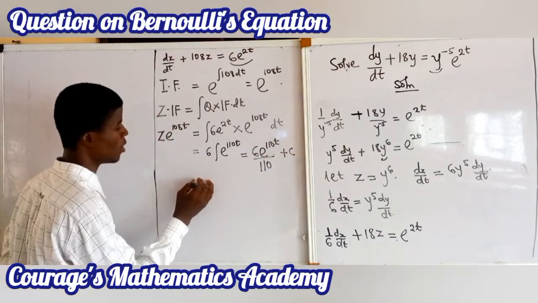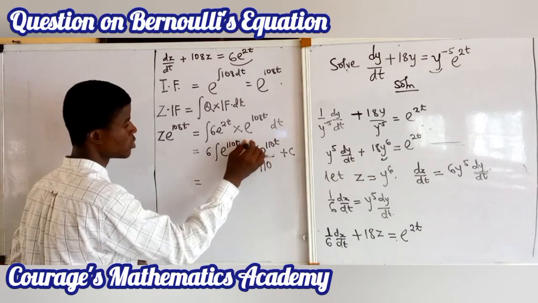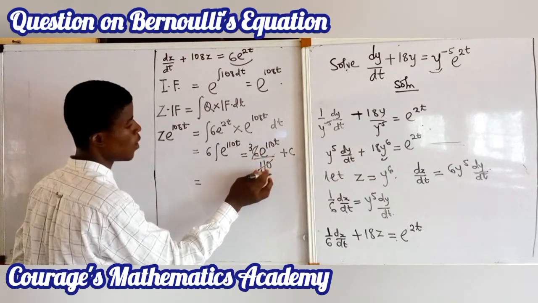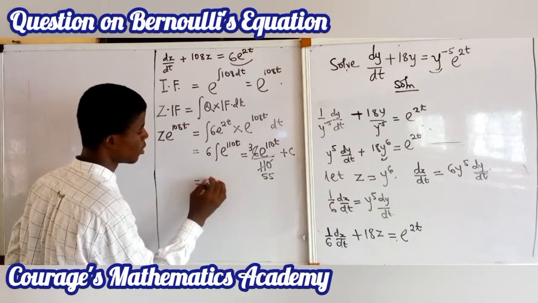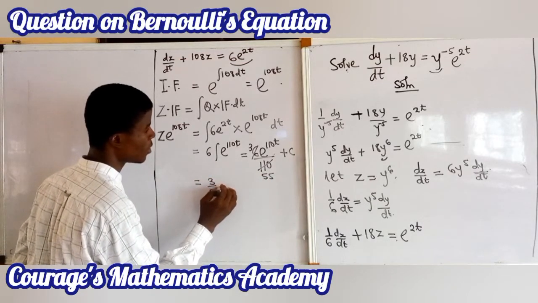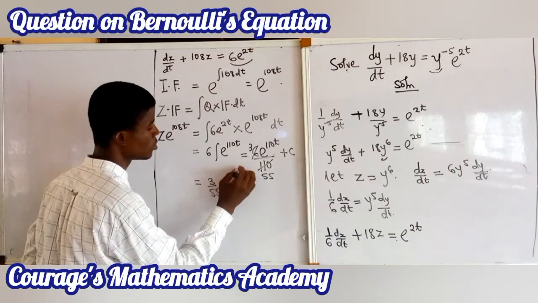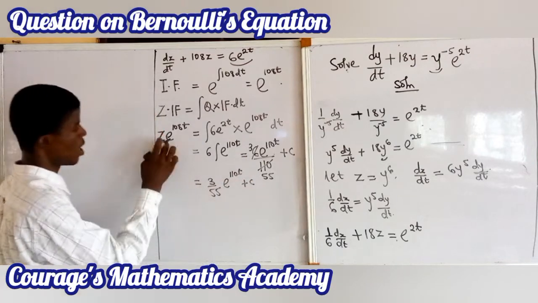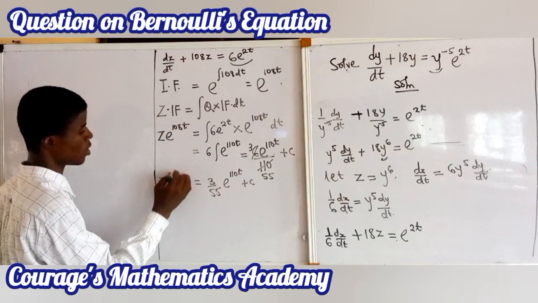So we have 2 into 6 is 3, 2 into 110 is 55. So it becomes 3 over 55 e to the power of 110t plus c. And this is equal to that.